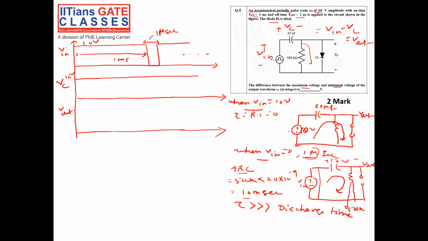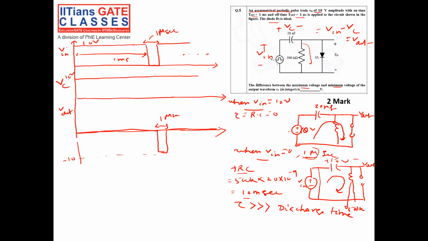So 10 minus 10, up to 1 millisecond, V out will be 0. At this point, V in is 0 and Vc is 10, so I will get minus 10 for a duration of 1 microsecond. Again, it will go to 0 volt.